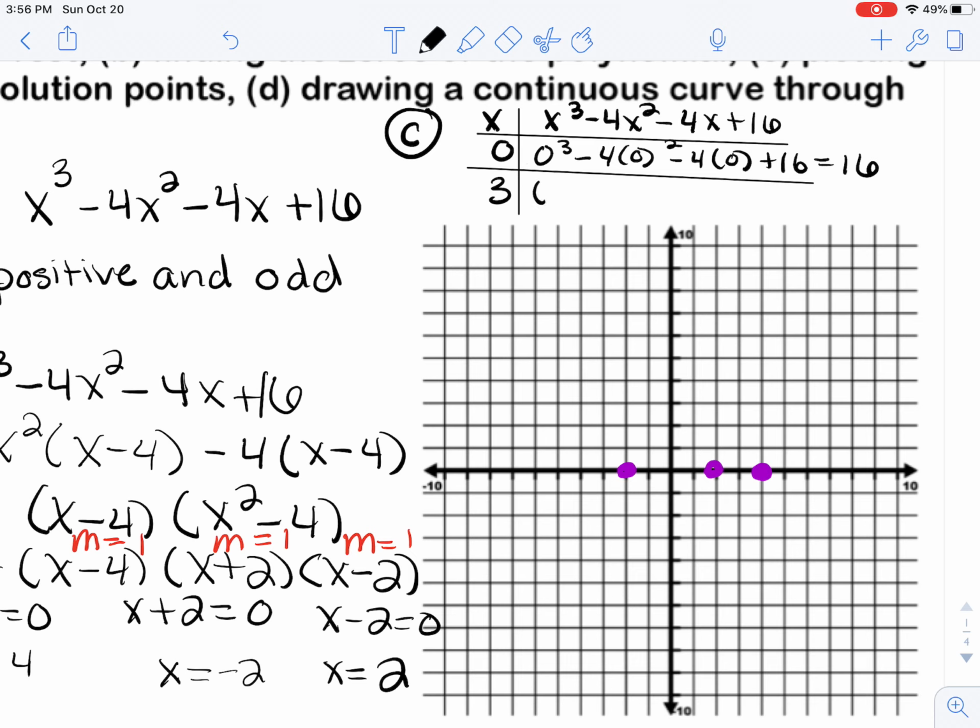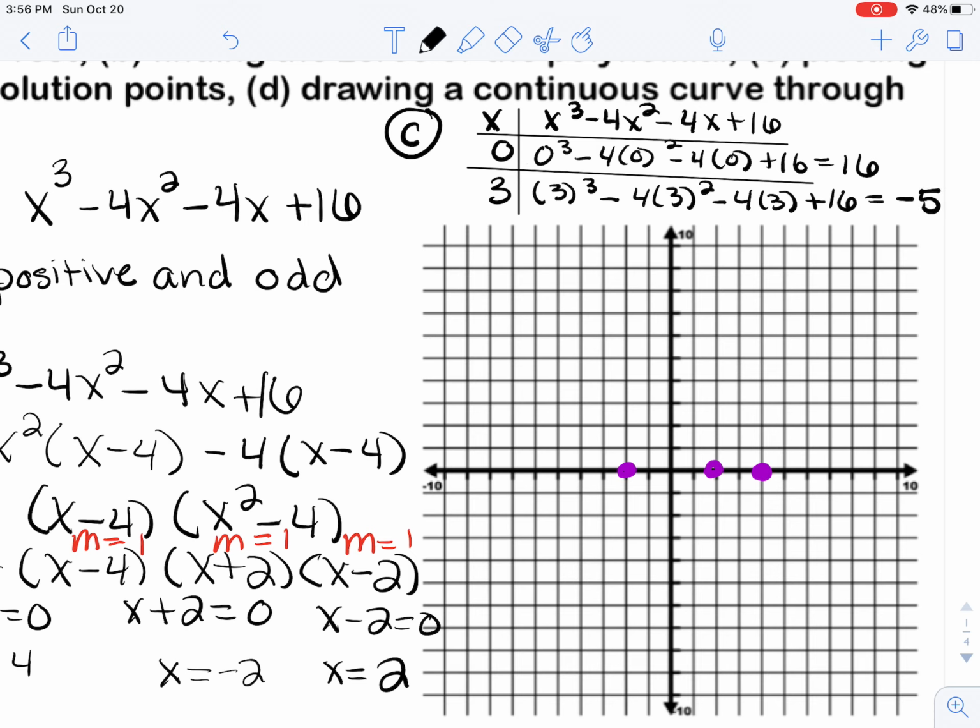And then 3 cubed minus 4 times 3 squared minus 4 times 3 plus 16. Take a second and think about that. All right, did you get it to equal negative 5?